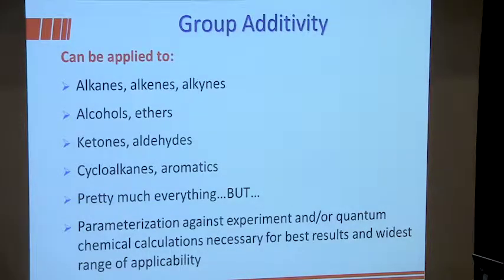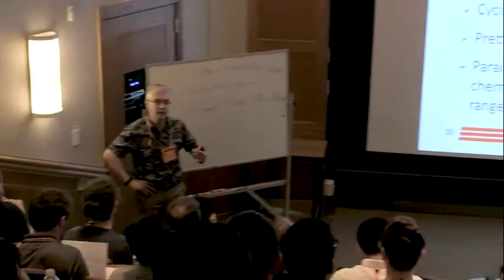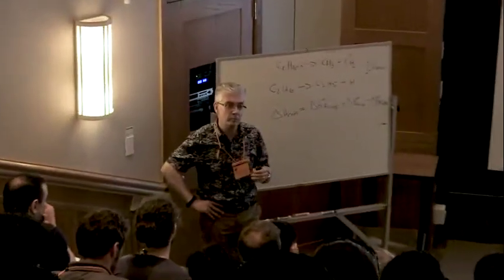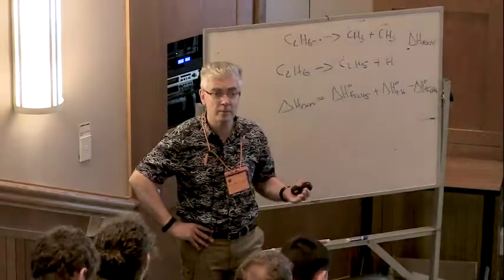So group additivity can be applied to pretty much anything. We can have alkanes, alkenes, and alkynes, alcohols, ethers, ketones, aldehydes, cycloalkanes, aromatics. But we parameterize, and in my group we're constantly updating the bond contributions based on the most accurate thermochemistry values that are available to us.